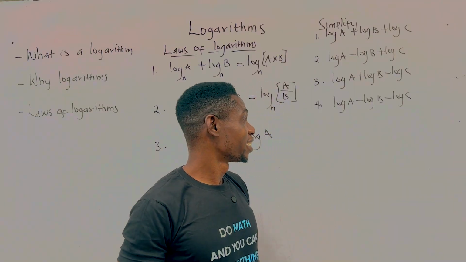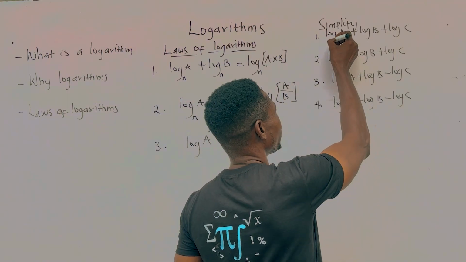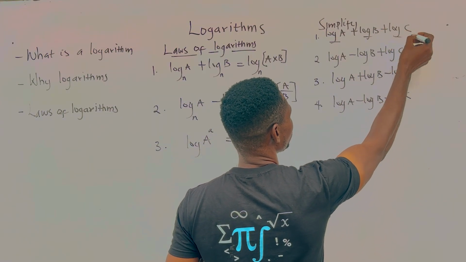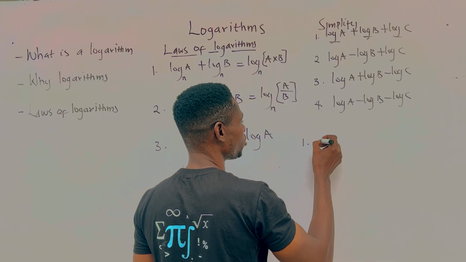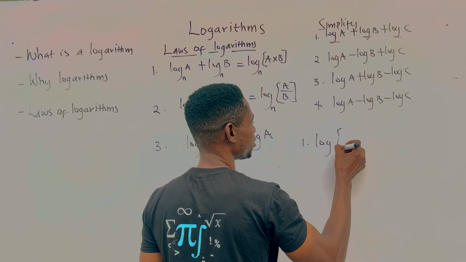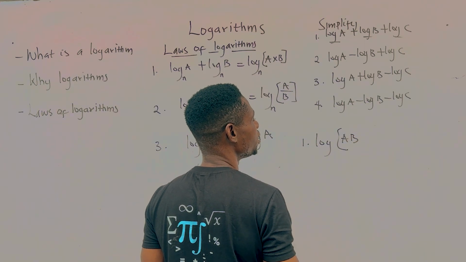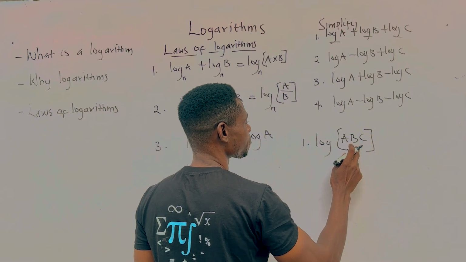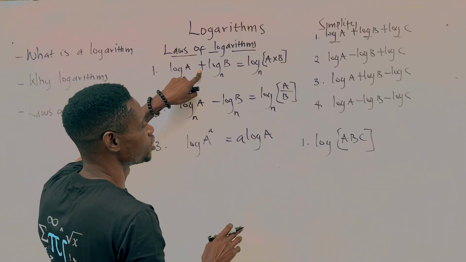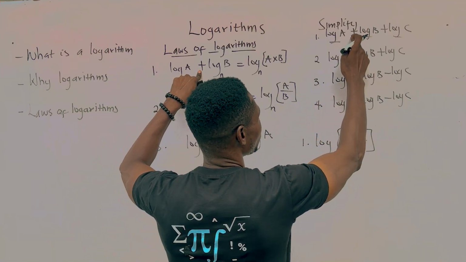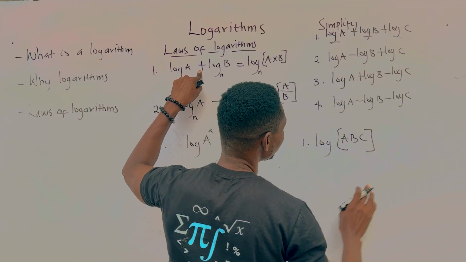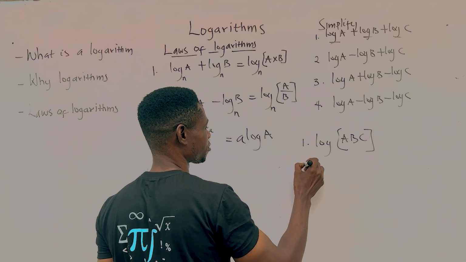Welcome back. So for the first, log A plus log B plus log C will give us log of A multiplied by B multiplied by C, following this first law. So when you're adding, you multiply the arguments.